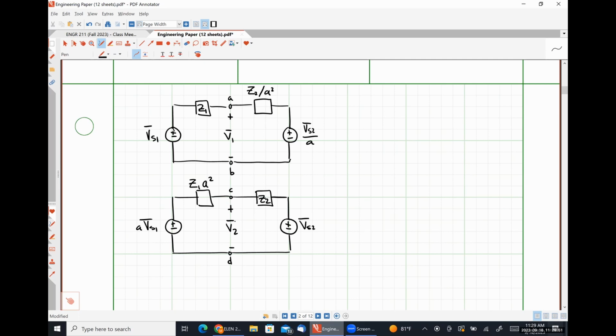So one interesting thing, and you'll learn more about this if you choose to take your electric theory class and all that stuff. The model for the practical transformer is a little bit more rigorous than what we did in this class.